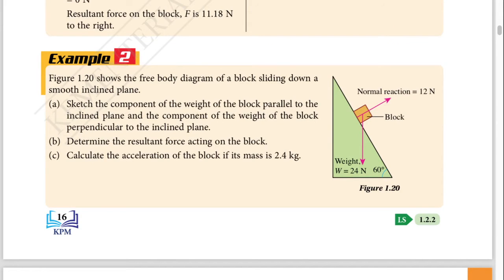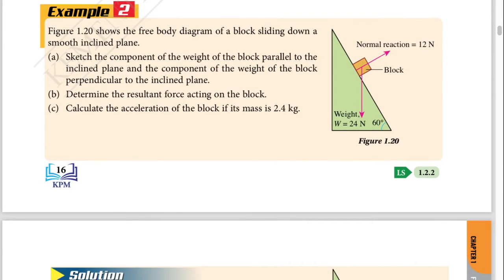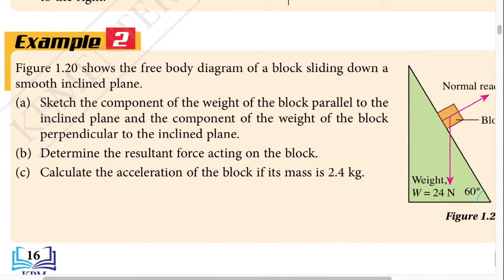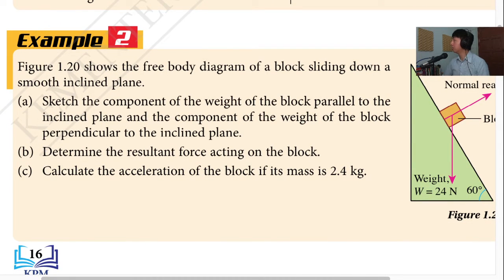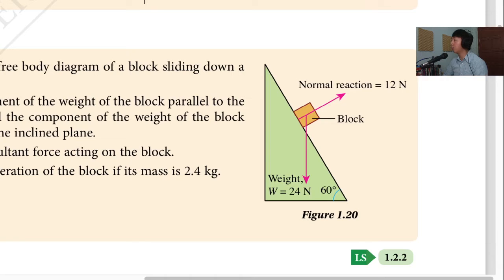Alright, so here's example 2. Let me zoom that a little bit. Example number 2 says, figure 1.20 shows the free body diagram of a block sliding down a smooth inclined plane. And then it shows you a picture of that block.